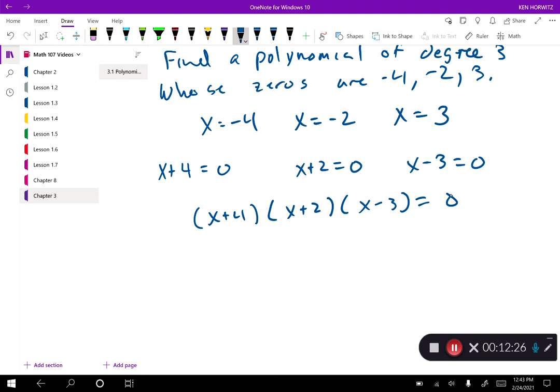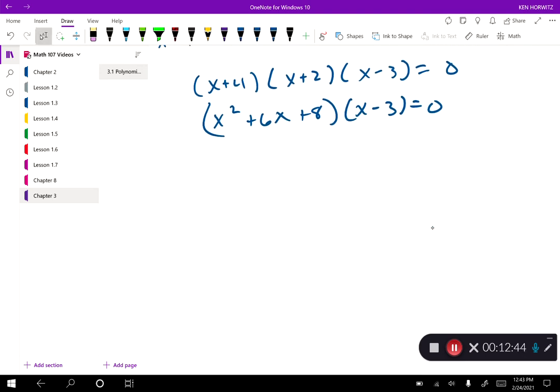So now let's FOIL the first two. So I get x squared plus 6x plus 8 times x minus 3 equals 0. And now we basically have to use the distributive property to get the last little bit.